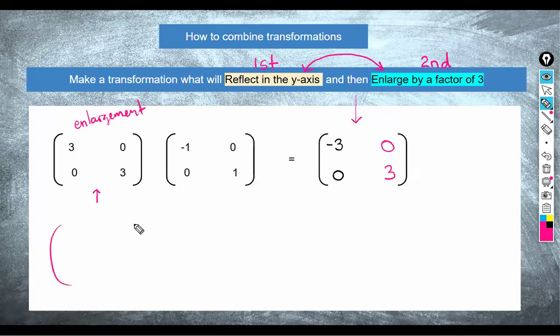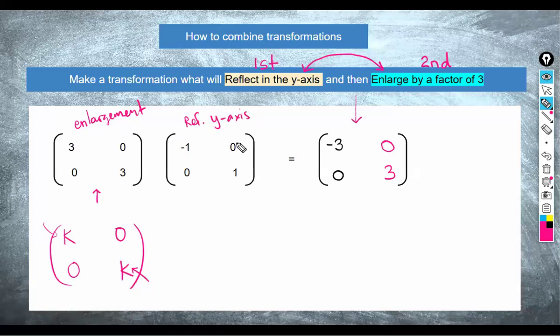In your notes, you should see something like this, K00K, where K is the enlargement factor. And the answer should be yes, right? You will see that in your notes. And is this one here a reflection in the y-axis?